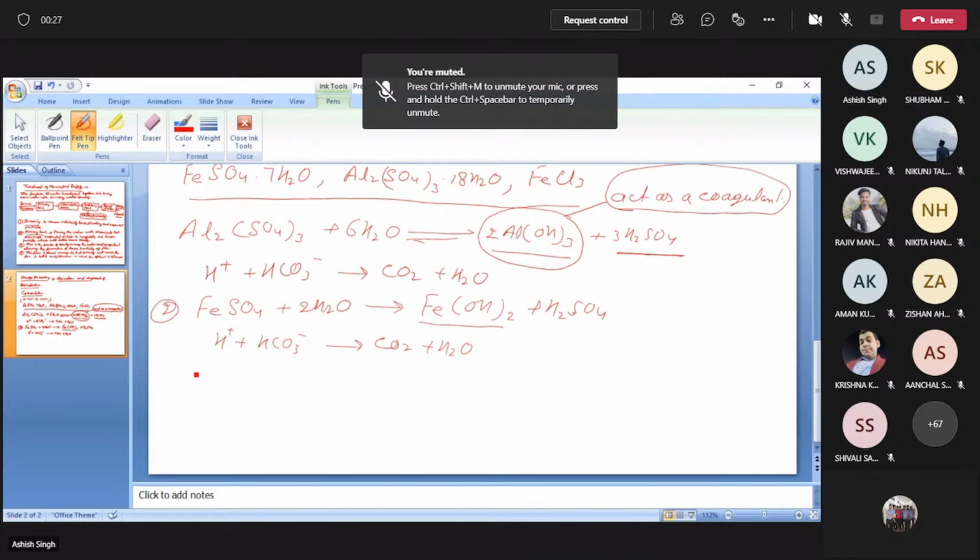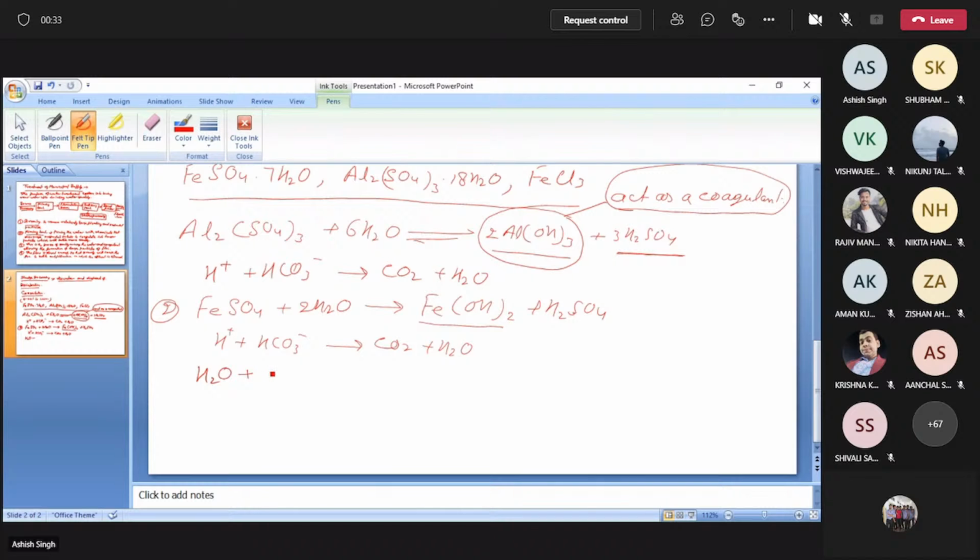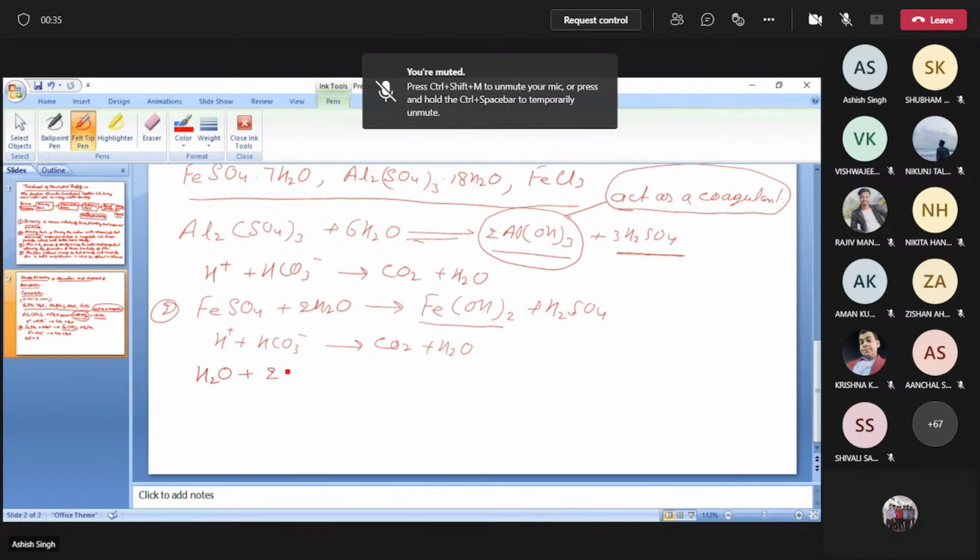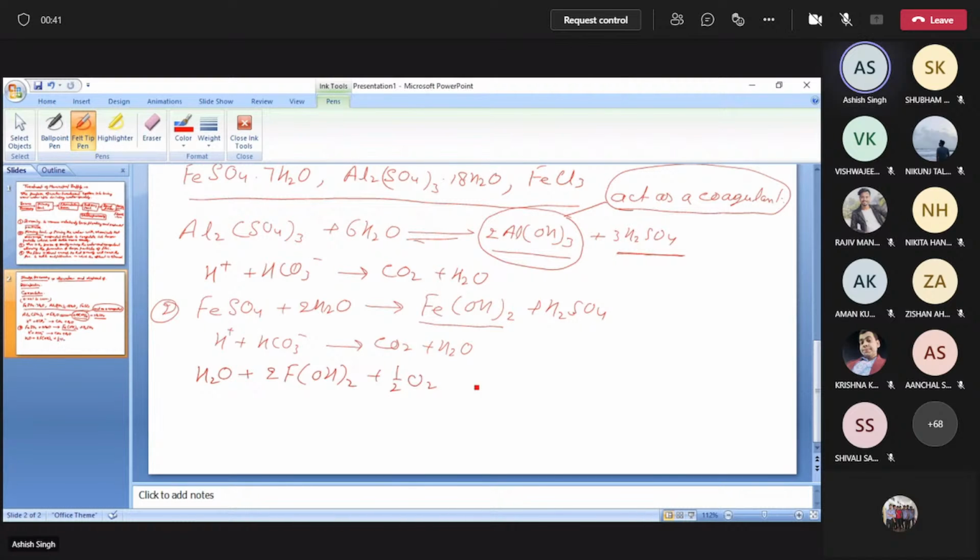Now S2O, this one is oxidized, and the oxygen that is taken from the dissolved oxygen is used here.